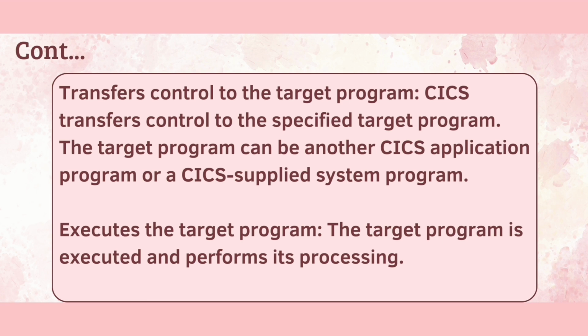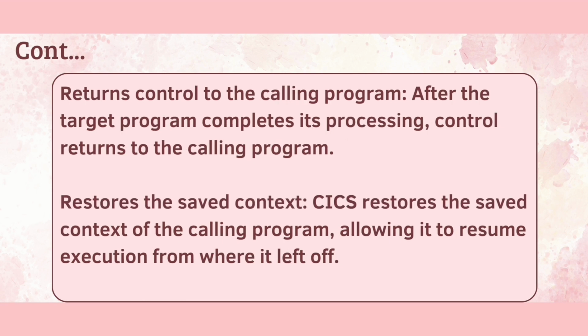Next, it executes the target program. The target program is executed and performs its processing. Next is, it returns control to the calling program. After the target program completes its processing, control returns to the calling program.